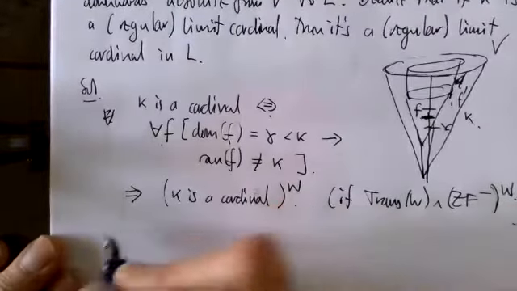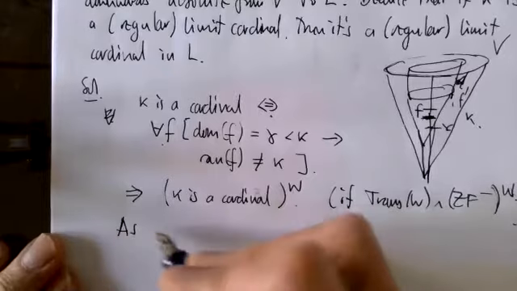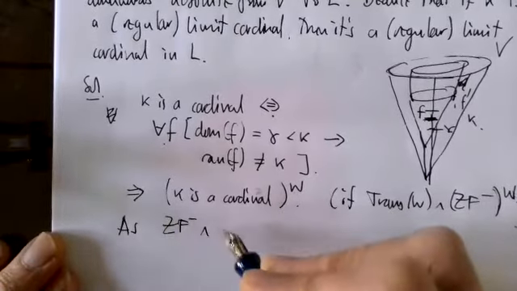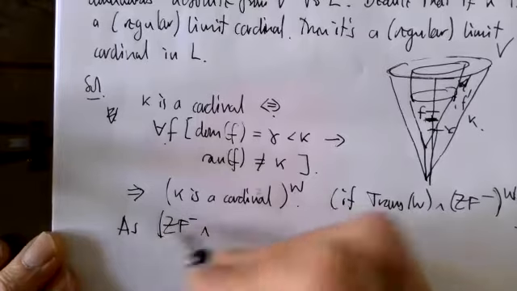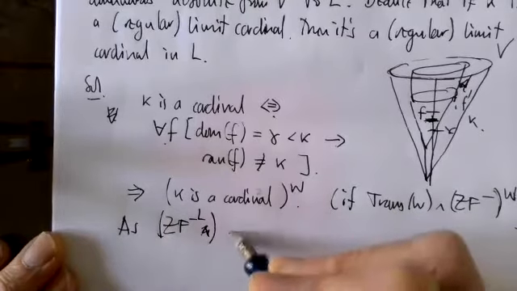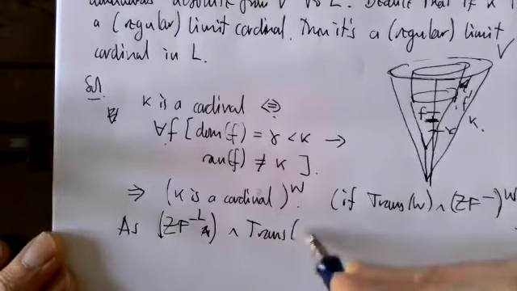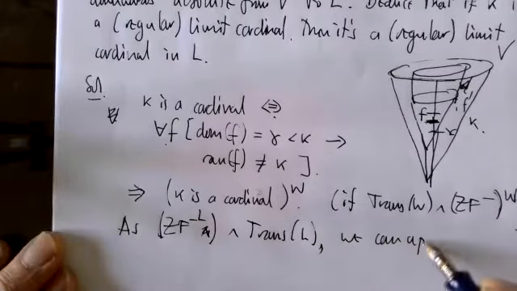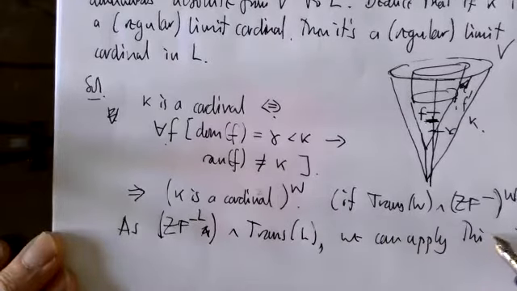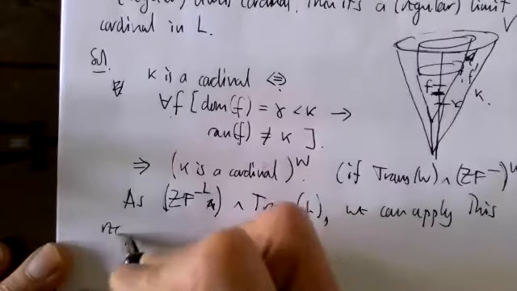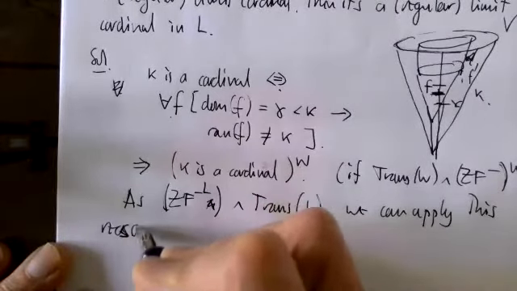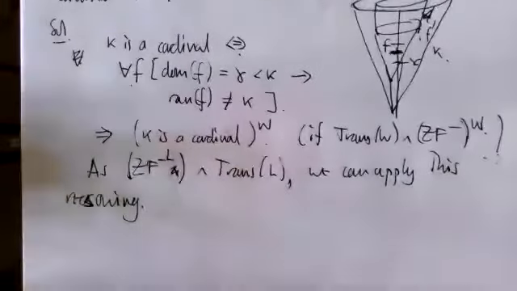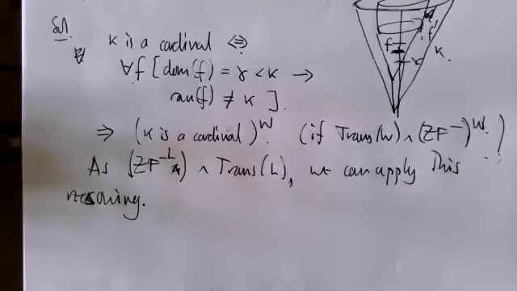So here you could then just say, as ZF minus holds in L, and L is transitive, we can apply this reasoning. And there wouldn't be anything else to say about that.